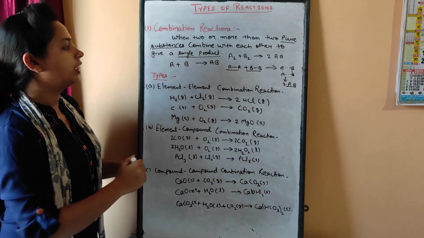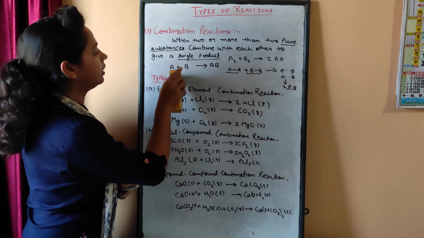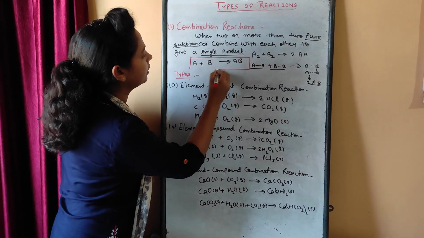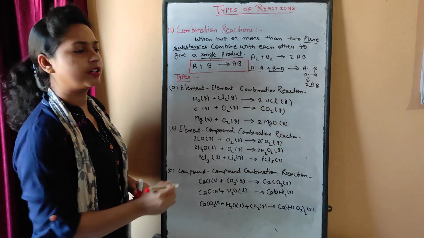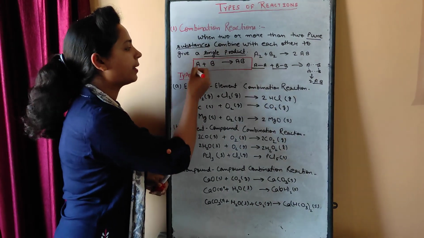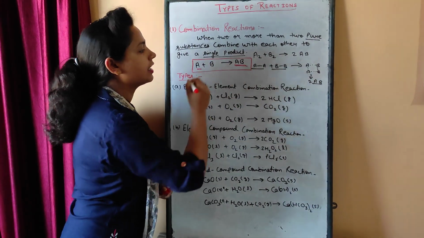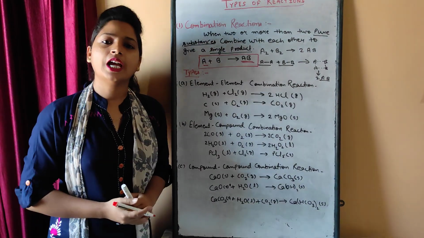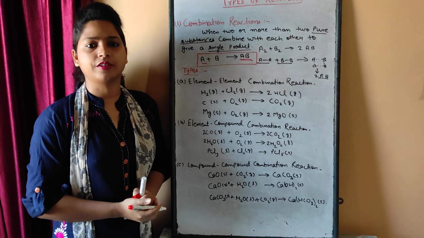Clear? Now this is the general form of combination reaction. It means any reactants, say A or B, combine together to give rise to a single product, that is AB. Correct?